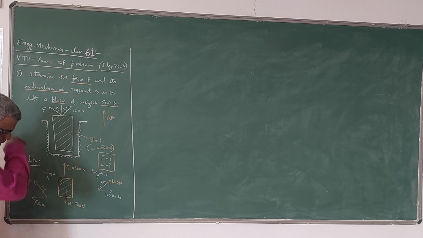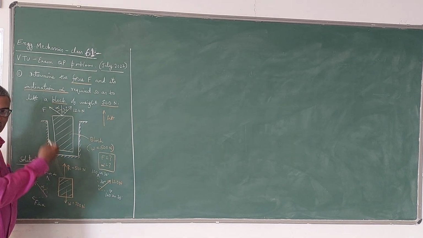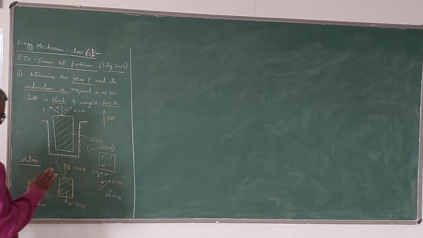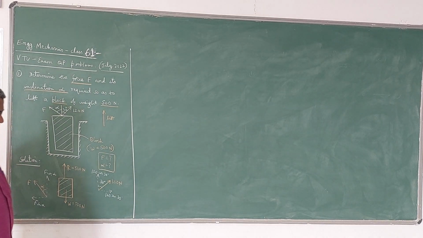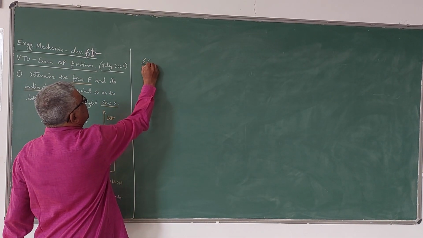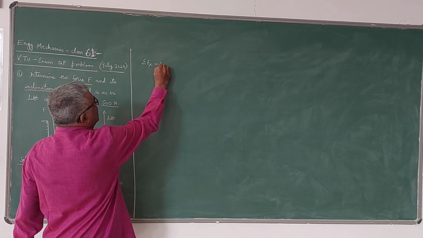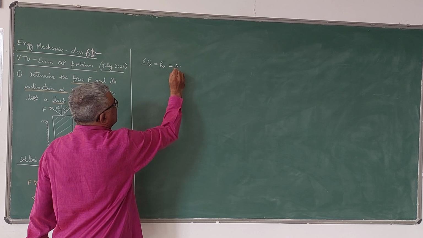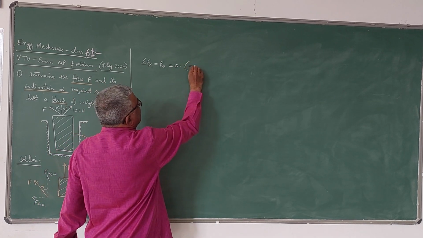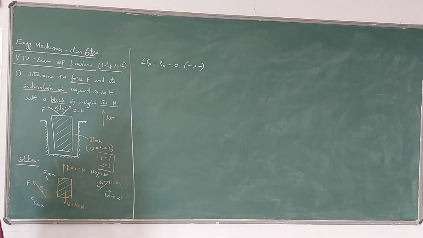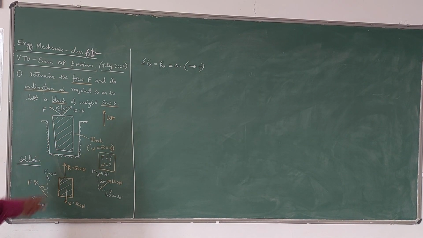That means the resultant also should be in the upward direction, positive y direction, and there is no movement in the x direction. So sigma Fx will be 0. The x component of the resultant, that is Rx, which is sigma Fx, will be 0. Here I will take the sign convention for the force towards right as positive, left as negative.